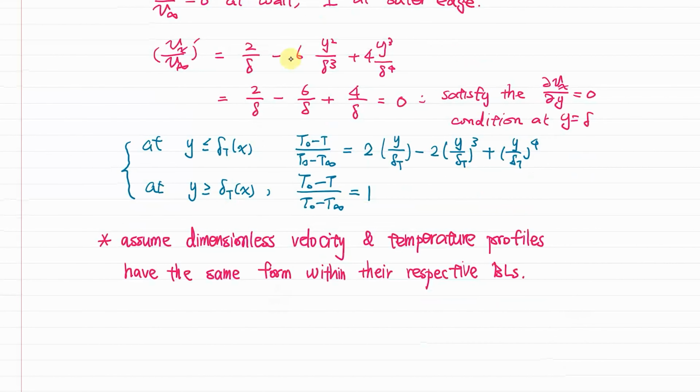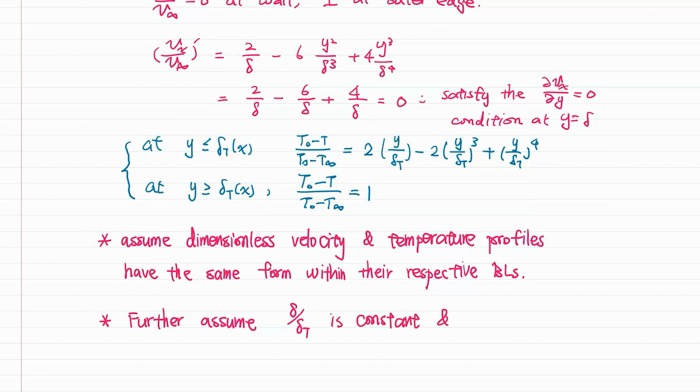We will also assume that the ratio between the thermal and velocity boundary layers is constant, and that value, delta T over delta, is smaller than or equal to 1.